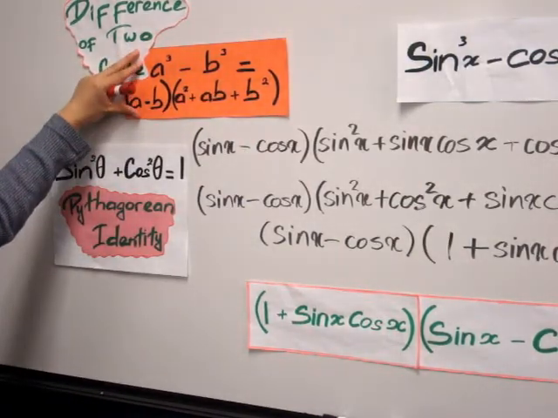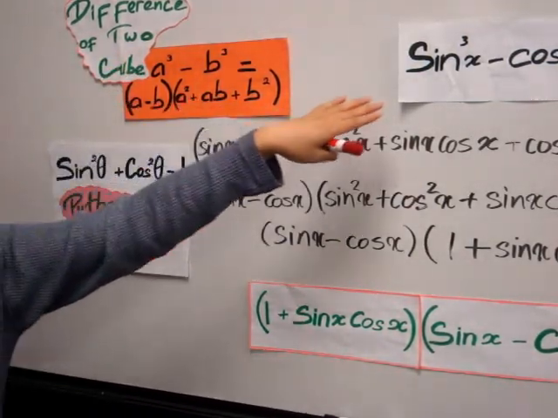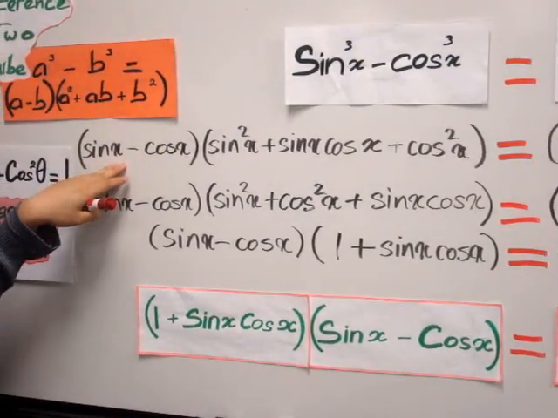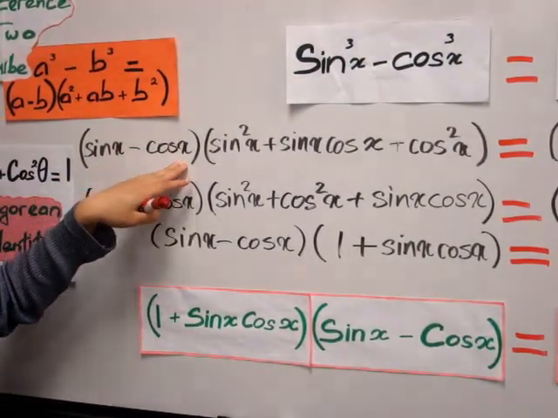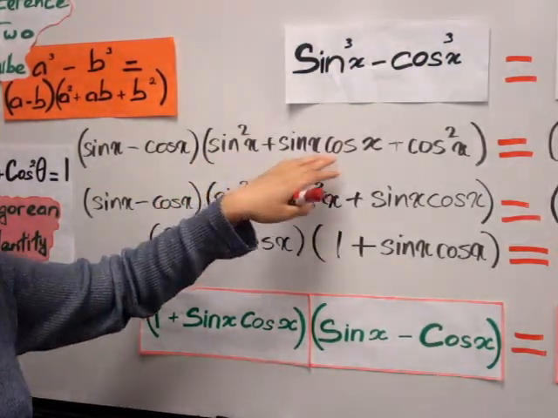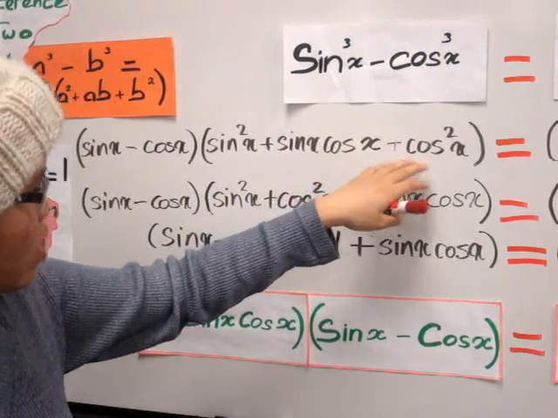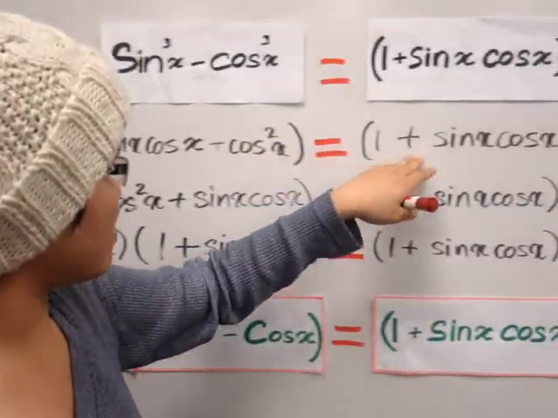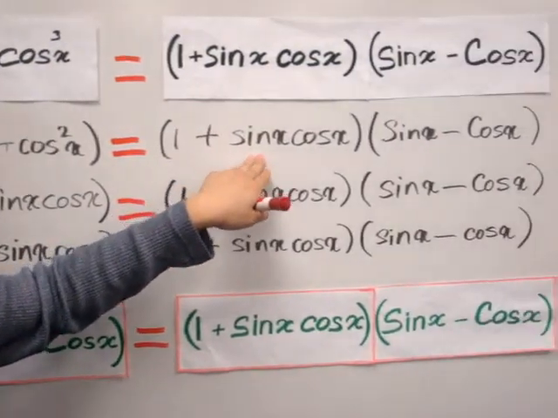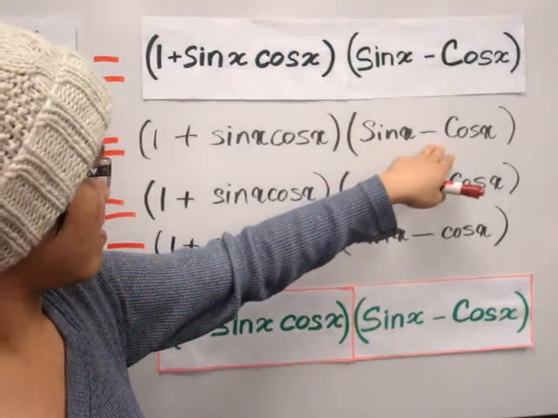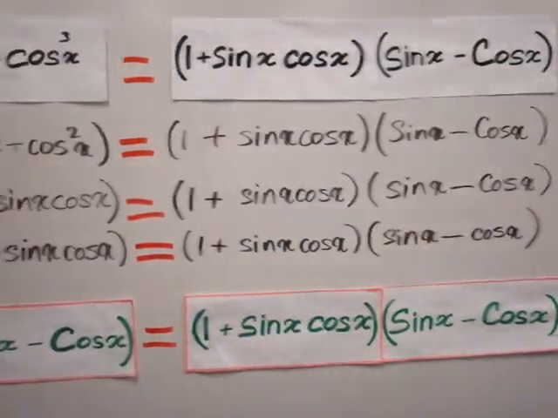And we're going to apply this formula to our problem right here. We have sine x minus cosine x times sine squared x plus sine x cosine x plus cosine squared x equals 1 plus sine x cosine x times sine x minus cosine x.